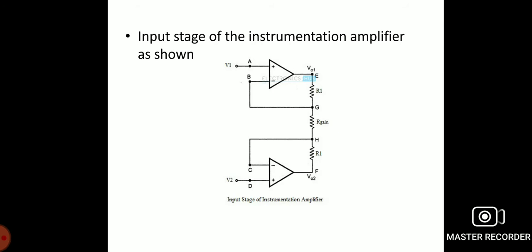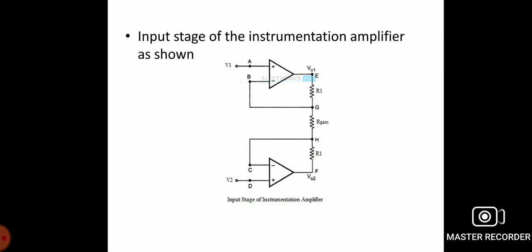Since no current is flowing into the inputs of operational amplifiers 1 and 2, the current I between the nodes G and H can be given as I equals (Vg minus Vh) divided by R gain, equal to (V1 minus V2) divided by R gain.